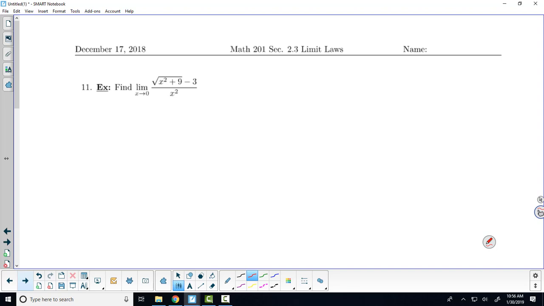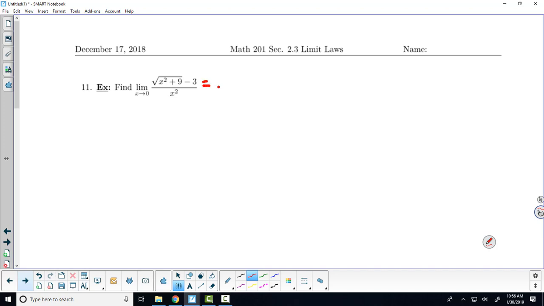No, because the limit of the denominator is 0. So I'm going to have to do some rearranging. Eventually, I would like to somehow cancel out that x squared factor. If I'm going to be able to evaluate this limit, I'm hopefully going to be able to cancel out that x squared factor. Let's see what we can do.